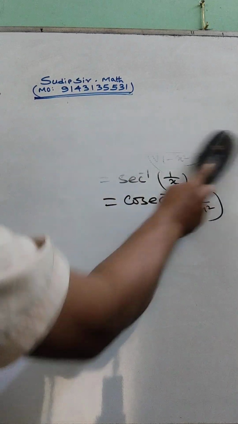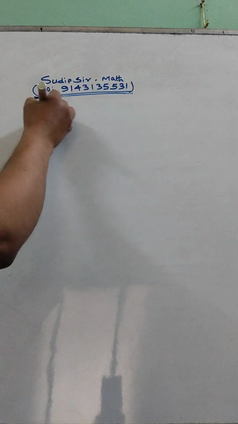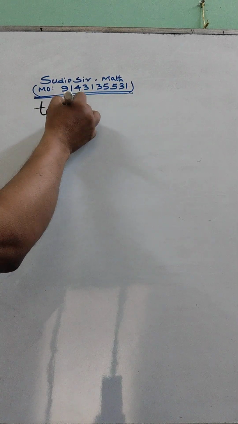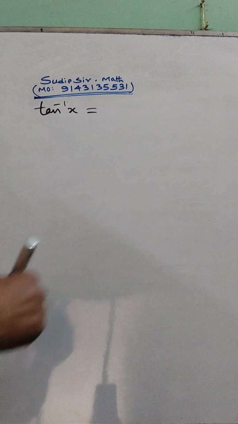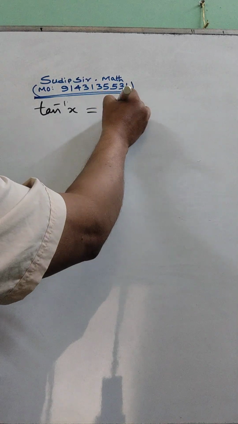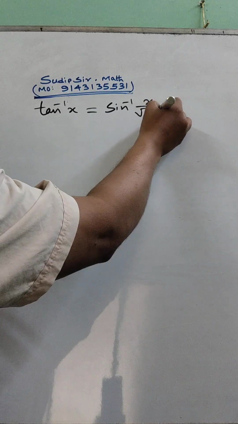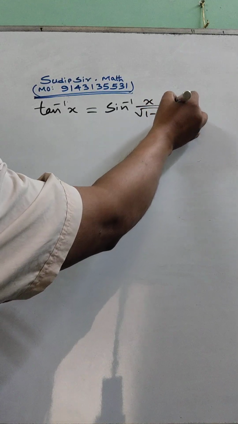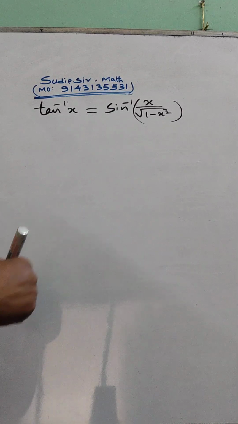Similarly, for tan inverse x, we can write this equal to sin inverse x by root over 1 minus x square. Sin inverse x by root over 1 minus x square.